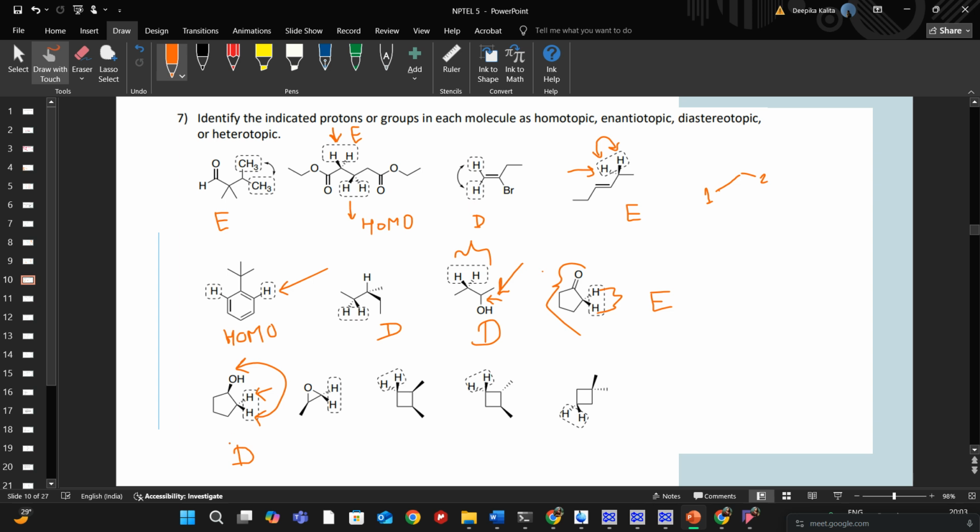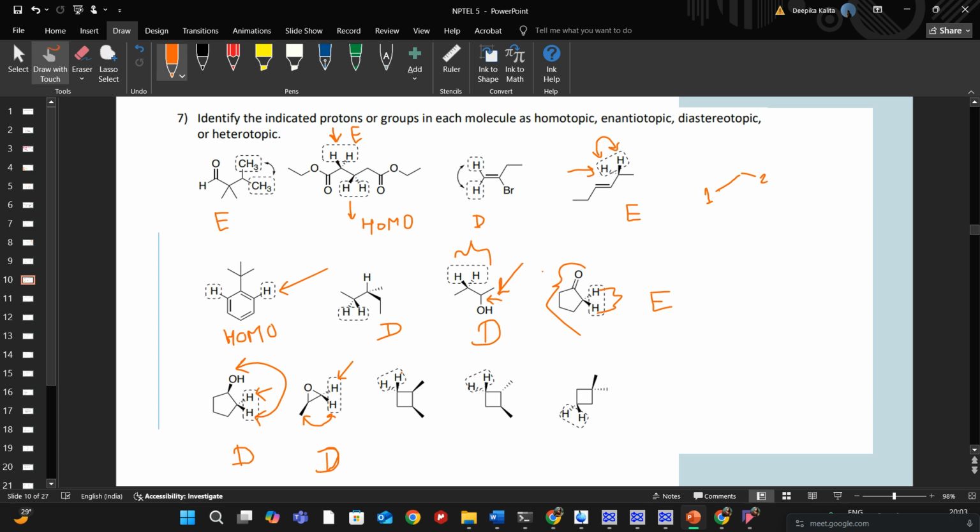Again, in the next molecule, this methyl and this proton are on the same phase, and this proton is in the opposite phase of the methyl. Hence, these two protons will also be diastereotopic.